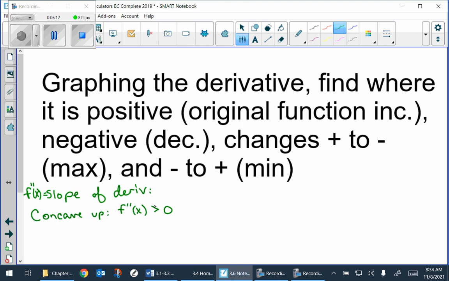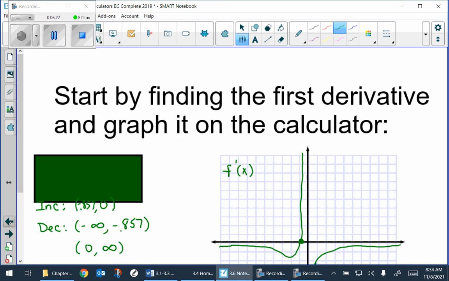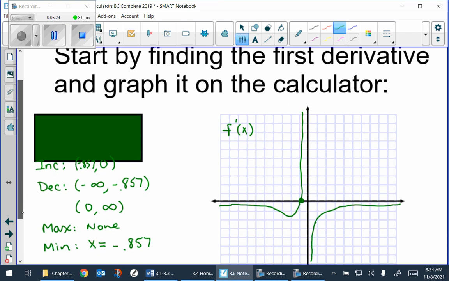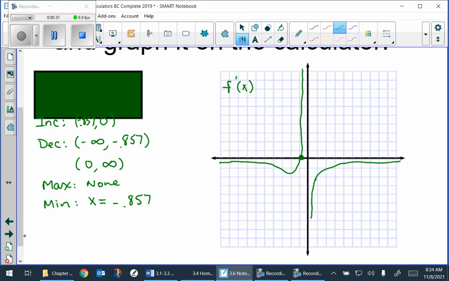And so what I'm going to look at when I look back at this graph, because I don't want to have to graph the derivative and the second derivative, I'm coming back here. Where is the slope of the derivative? Where is the second derivative positive? Would probably start down here, wouldn't it?